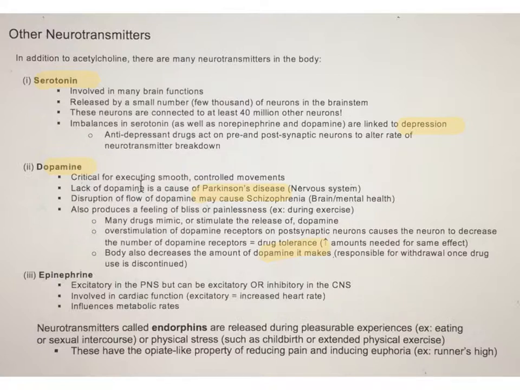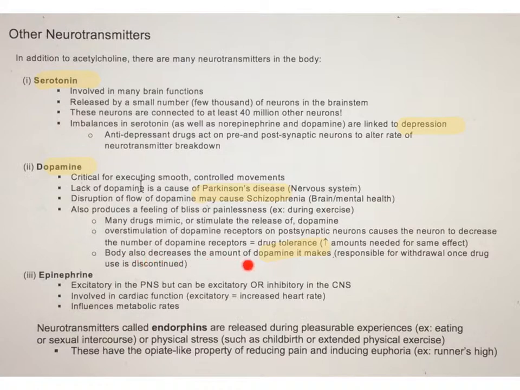So that's what's happening here: if you overstimulate those dopamine receptors, meaning you're releasing the dopamine due to the drugs that you're taking, it can cause the neuron to actually decrease the number of dopamine receptors. So those receptors start to go away, meaning you need more and more of the drug to get the same results that you did the first couple times you tried it.